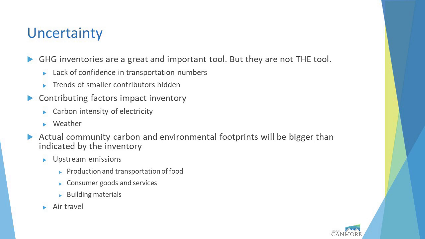For us, because of the lack of confidence in our transportation numbers, if we're reporting that we've reduced emissions by 2%, which is kind of what happened from 2015 to 2018, that has to be said with the caveat that there is some uncertainty with the transportation numbers. So before we start bragging about how great we're doing and that we're reducing emissions, we need to hold back a little bit and admit that that's due to transportation, and we're not exactly sure that that is completely the case.